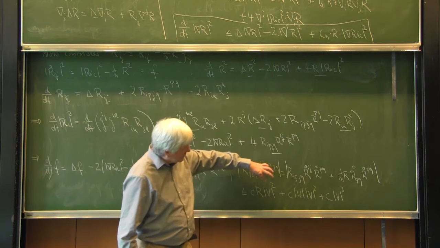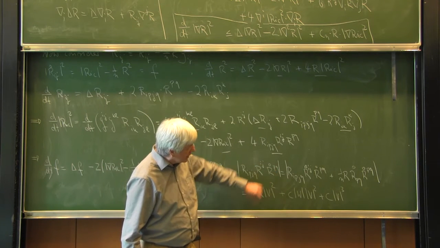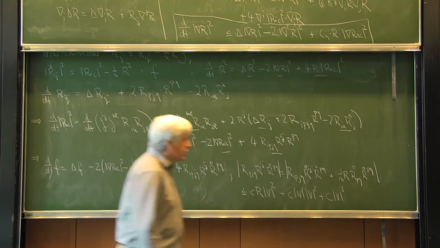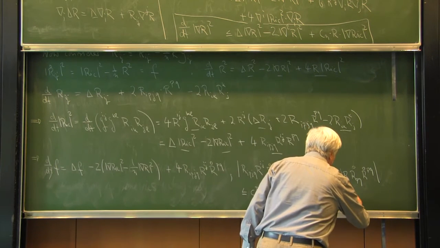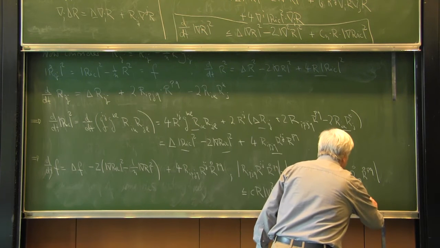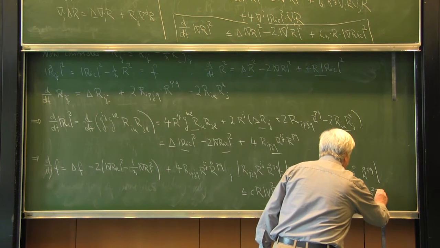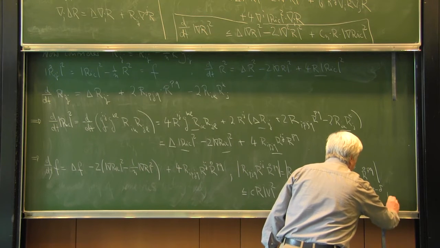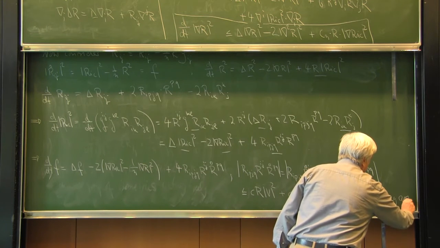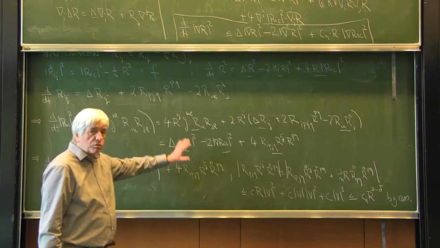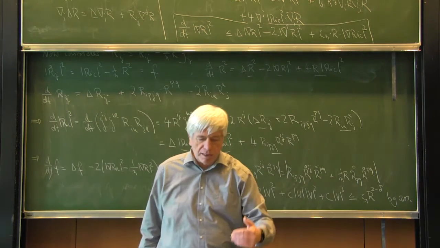And each of these terms has at least two factors which are estimated by our pinching condition. So the whole thing here can be estimated by some constant C1 times R to the 3 minus delta by assumption. This is a very crucial point in this evolution.